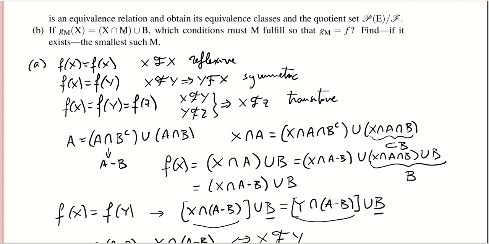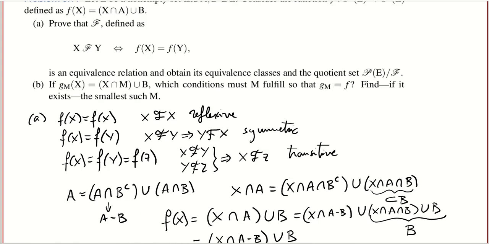So in particular, when M is A, we recover the function F. Now the question is, what are the conditions on M so that these two functions are the same?